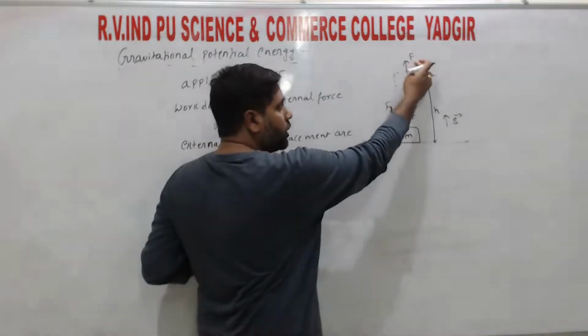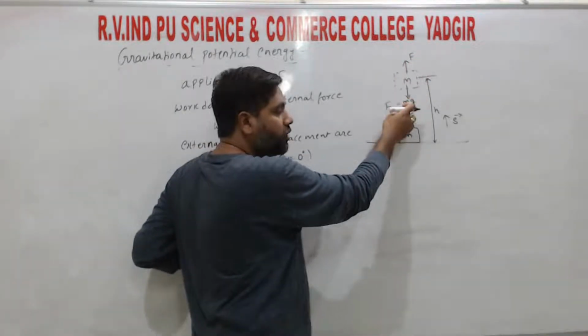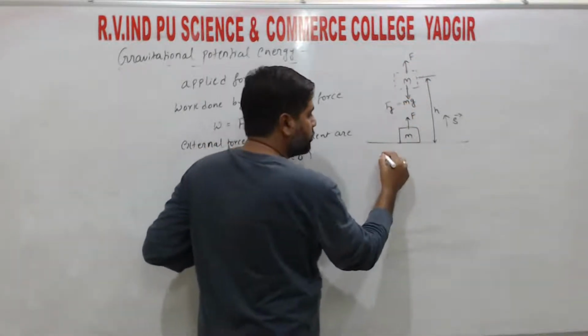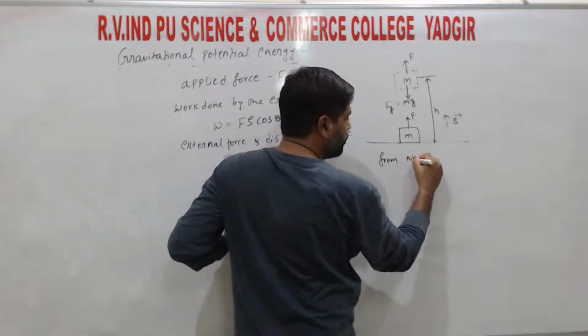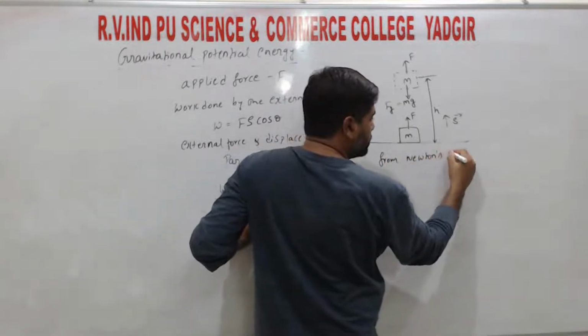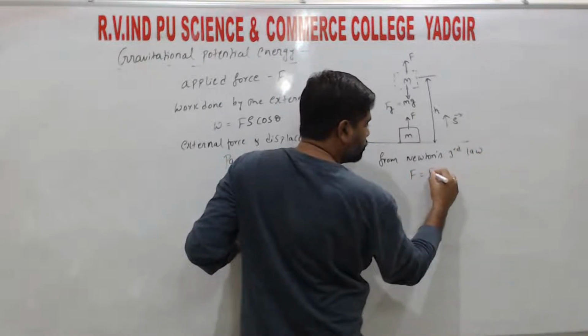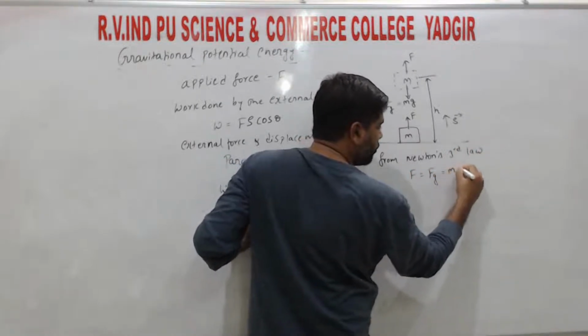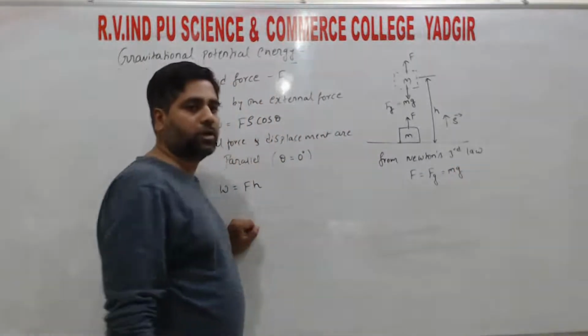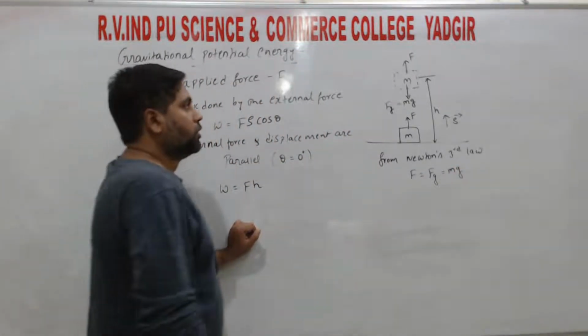So from Newton's third law of motion, F is equal to Fg, that is equal to mg, right?